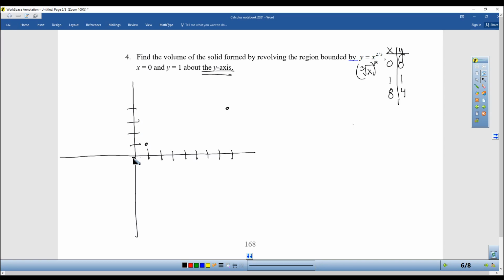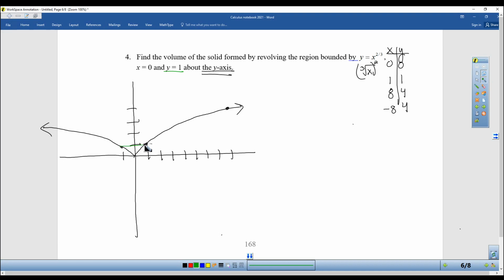So this is what it looks like on this side. And because it's being squared, it is even. So even if you put in a -8, -8 cubed is -2, but then squared goes back to +4. And the same thing with the 1. So it looks something like that. However, we actually are only looking at it up until y is equal to 1.